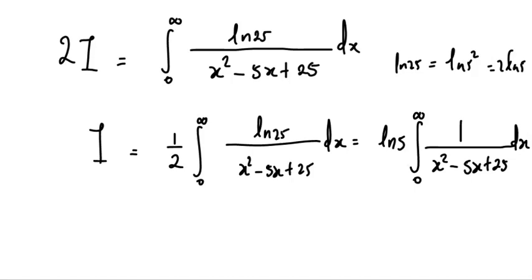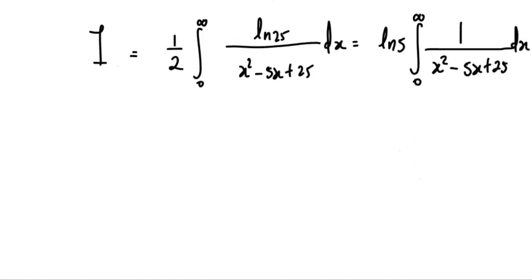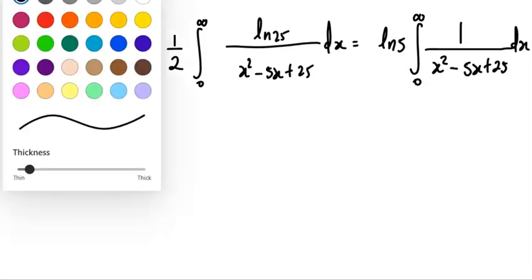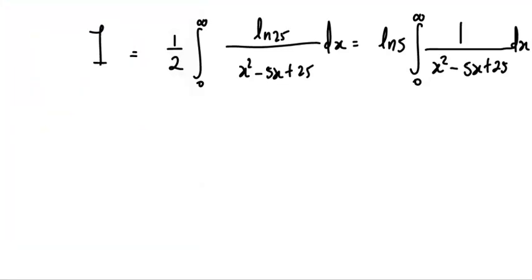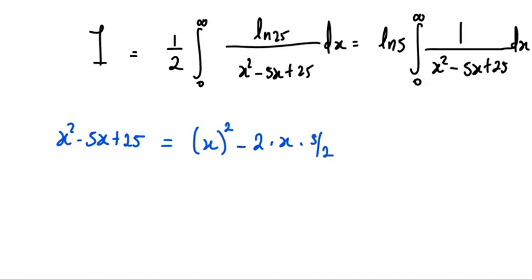Okay, so what are we going to do from here? We're actually going to complete the square of the denominator. So let's see how we're going to do that. x squared minus 5x plus 25 is going to be equal to x squared, then minus 2 multiplied by x multiplied by 5 over 2.